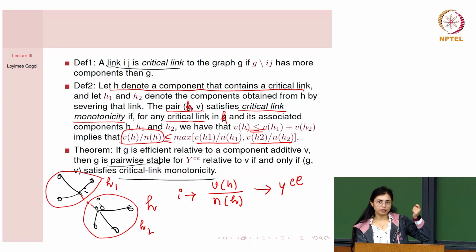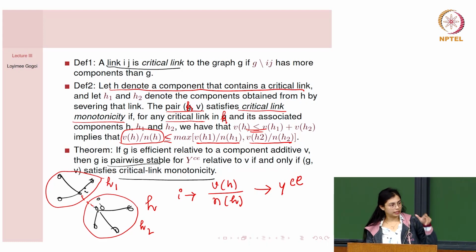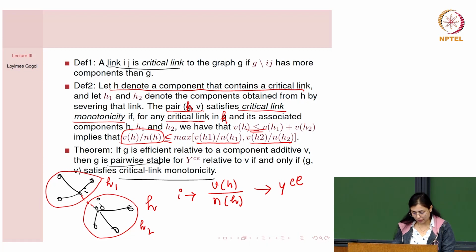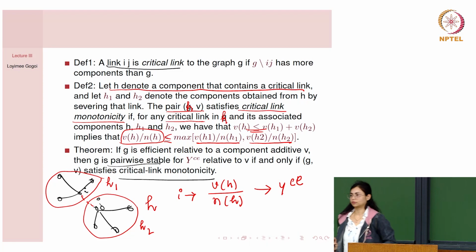Whatever a particular player will get in component H under the component-wise egalitarian rule, v of H divided by the number of players in H, should be less than or equal to the maximum of what the player will get in the H1 and H2 components.